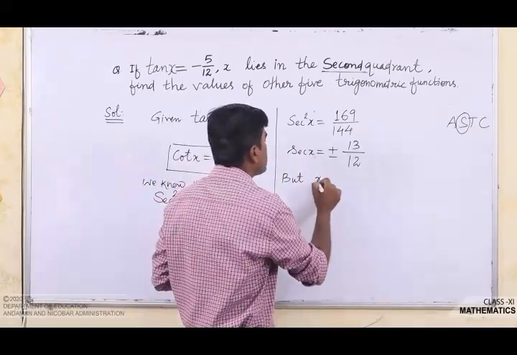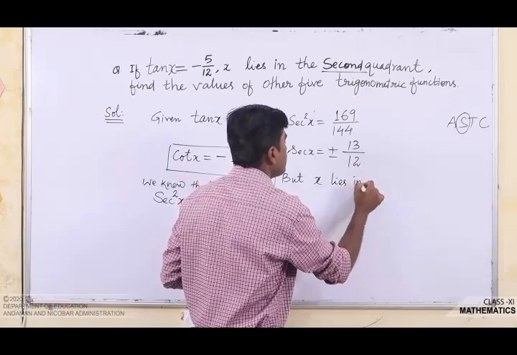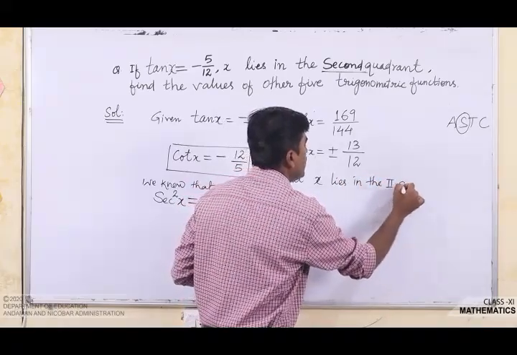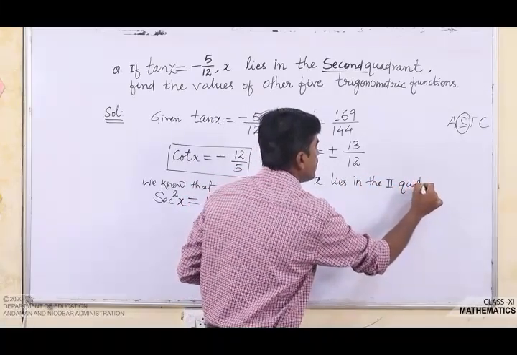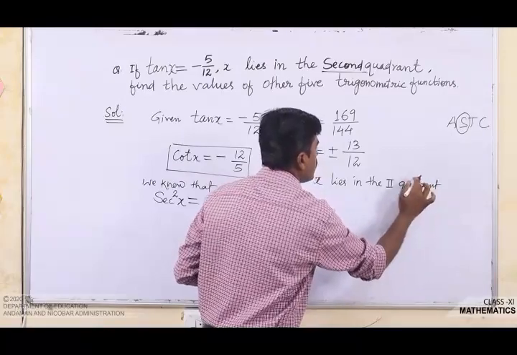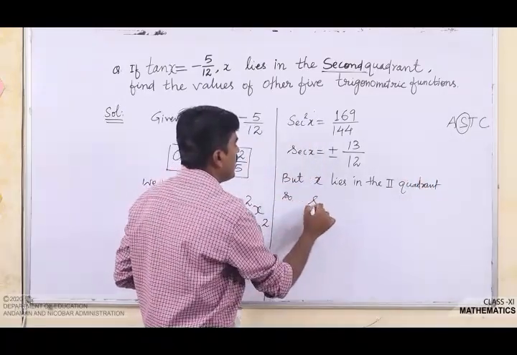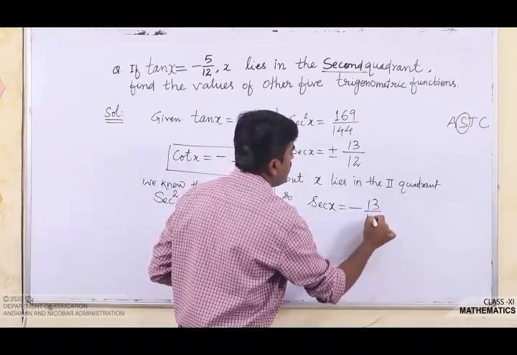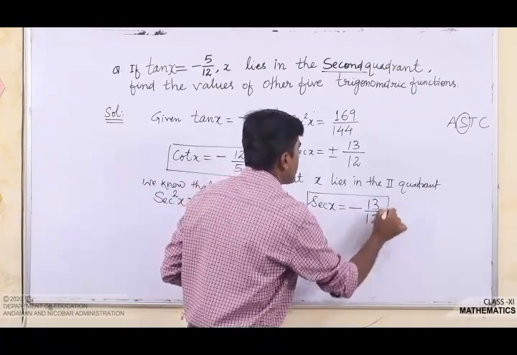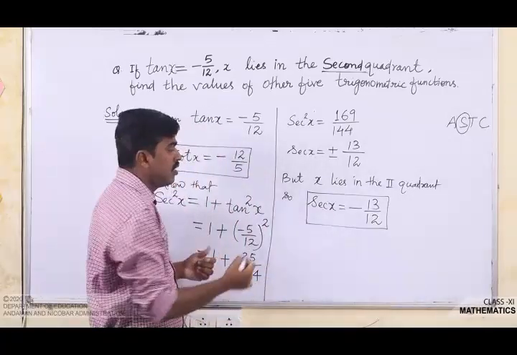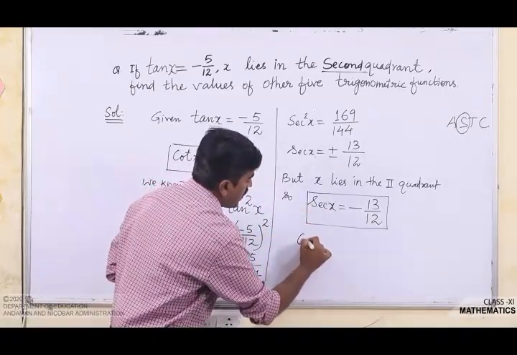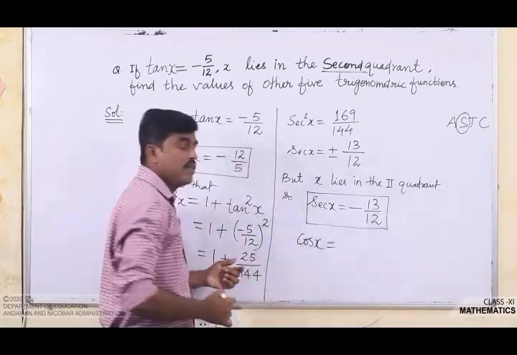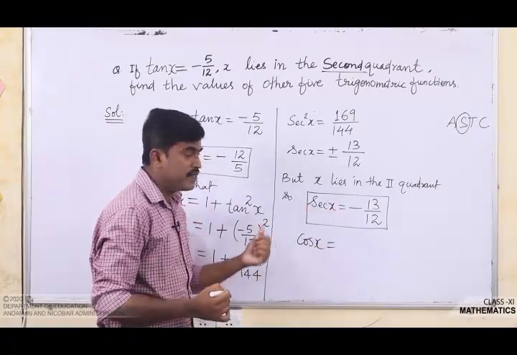But x lies in the second quadrant, so we will write sec x is equal to minus 13 divided by 12. In the second quadrant, sec x is negative. From here we will find the value of cos x, which is the reciprocal of sec x.